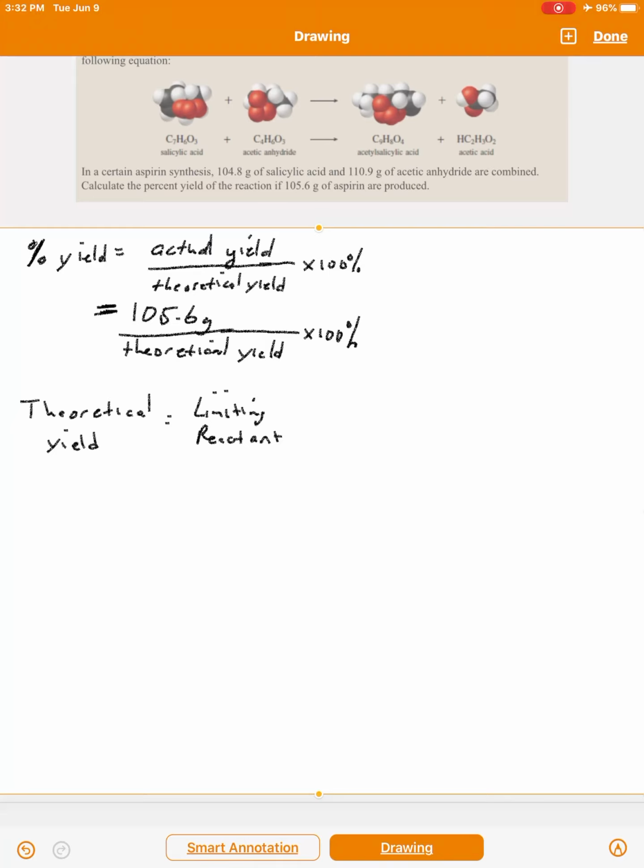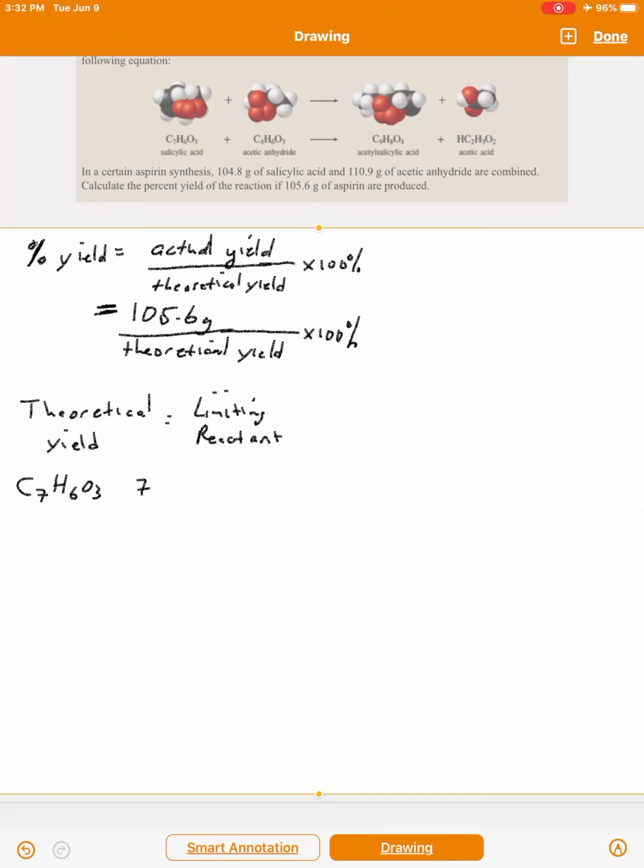So here's how we go about it. We have two compounds that are reactants. There's salicylic acid and acetic anhydride. So just like in the previous example, I'm going to calculate the molar masses of each of these. So salicylic acid is C7H6O3.